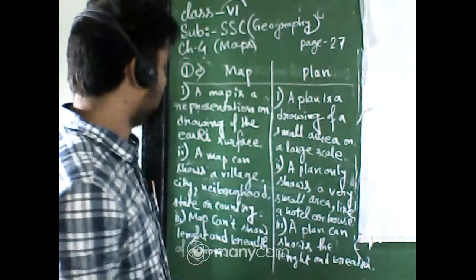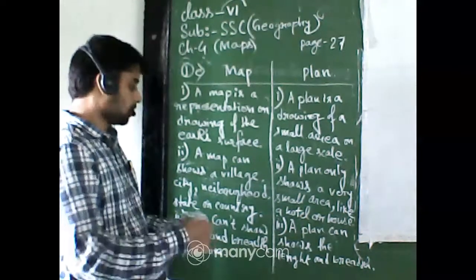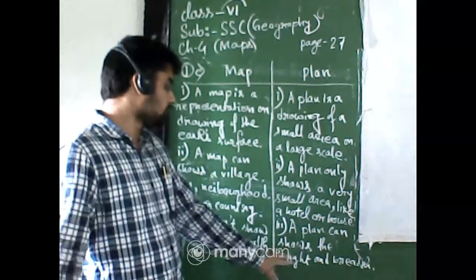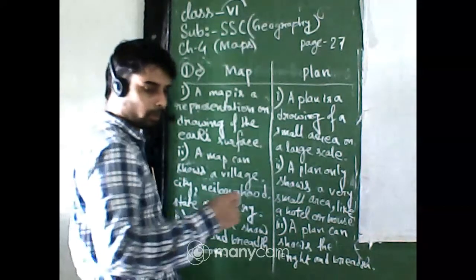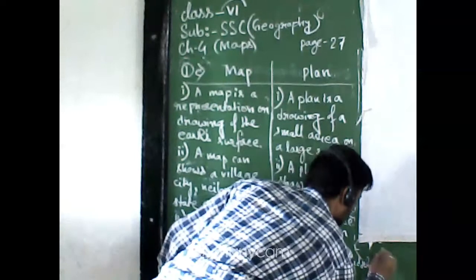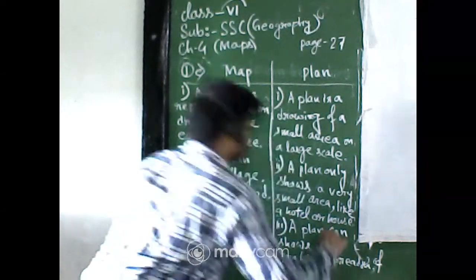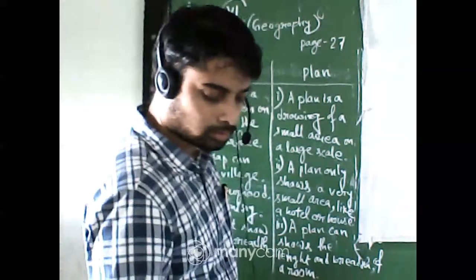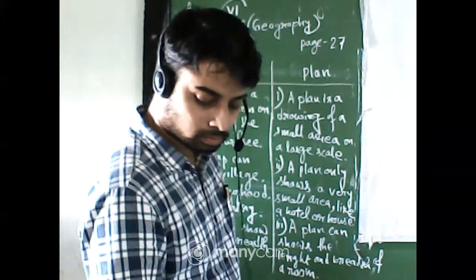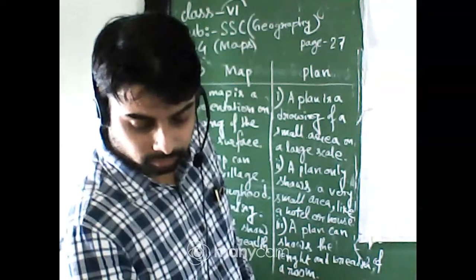Can you see the last portion of plan point number 3? Okay, it's visible, yes. So a plan can show the length and breadth of a room. So this is the difference between a map and a plan.